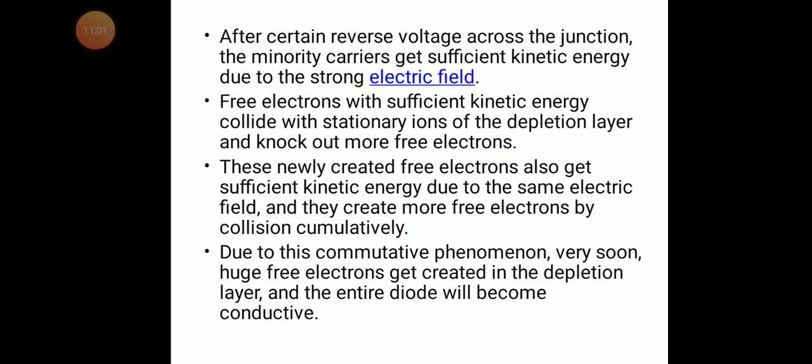That is, while moving, they may vibrate speedily. So minority carriers get sufficient kinetic energy due to the strong electric field which we applied in the reverse bias. After a certain reverse voltage across the junction, the minority carriers get sufficient kinetic energy due to the strong electric field.